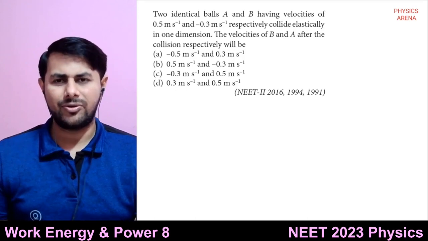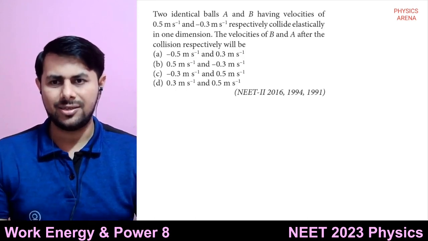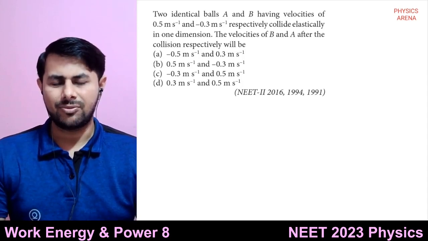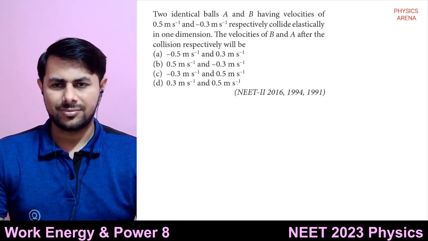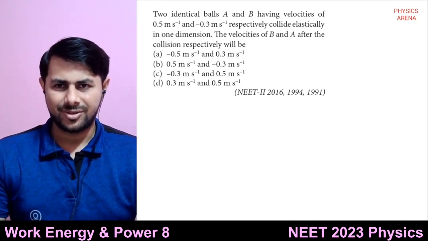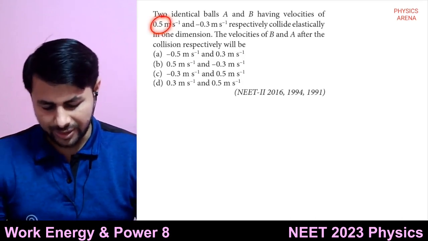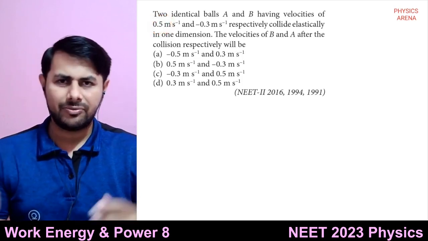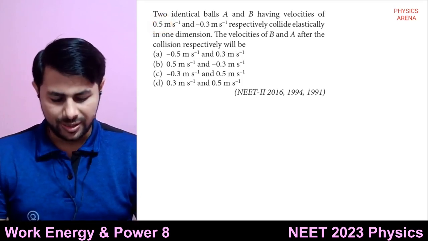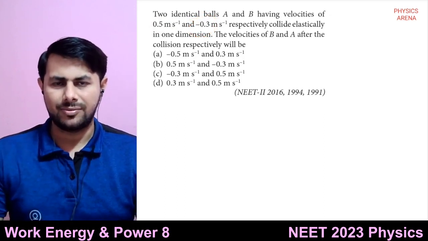What happens when two equal masses collide elastically? Their velocities are exchanged. Okay, their velocities get exchanged. That means the initial velocity of the first one will be the final velocity of the second one, and the initial velocity of the second one will be the final velocity of the first one.